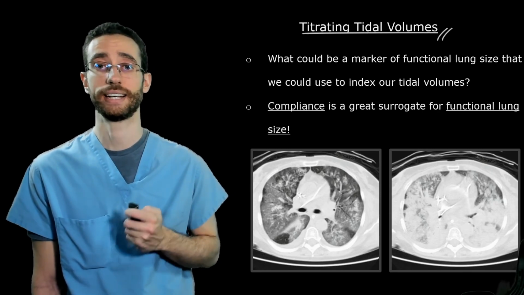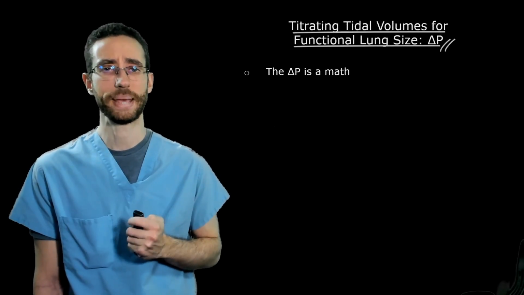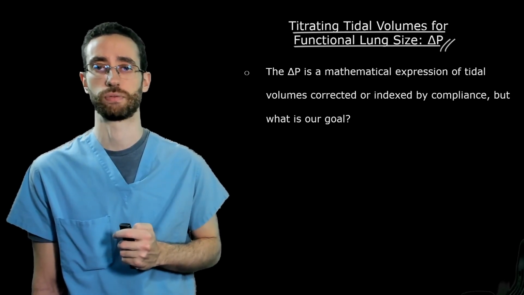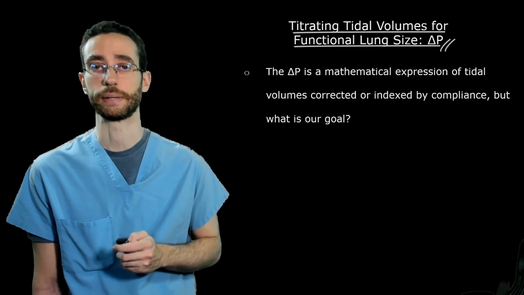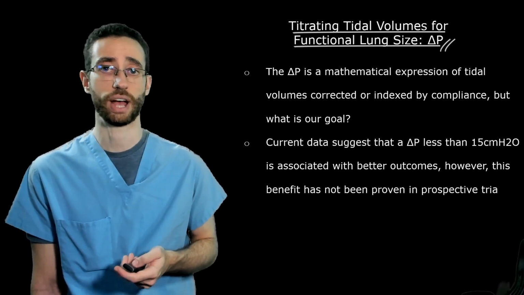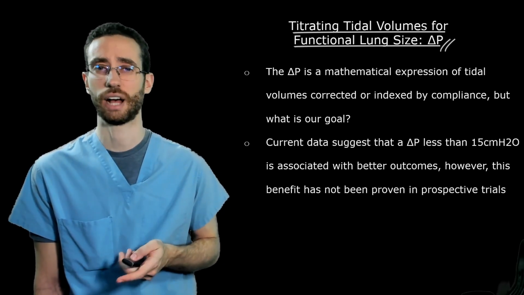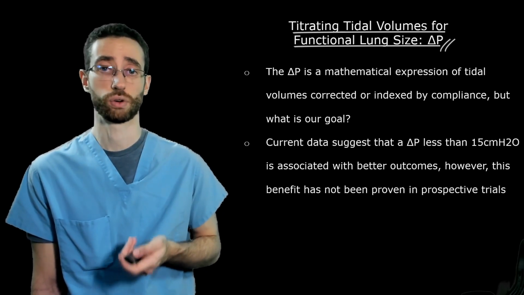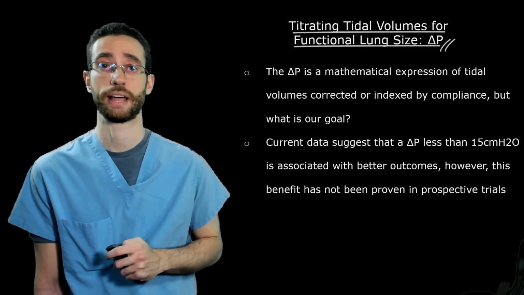But what is an ideal driving pressure? Based on retrospective analysis, a goal of less than 15 centimeters of water is usually sought clinically. A word of caution applies that although titrating tidal volumes to driving pressure makes sense physiologically, we do not have randomized controlled trial data confirming this hypothesis.